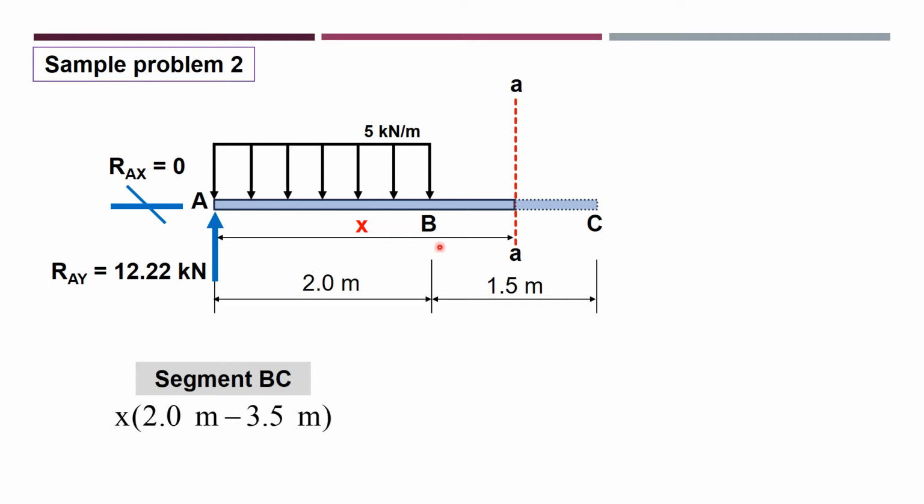So mapapansin natin na dito sa distance x from segment BC, kung saan dumaan yung imaginary cutting plane, yung uniformly distributed load ay buo ng kasama. But it is still required to get the equivalent single force of this para pwede nating i-add or subtract from other vertical forces na nasakop nitong distance x.